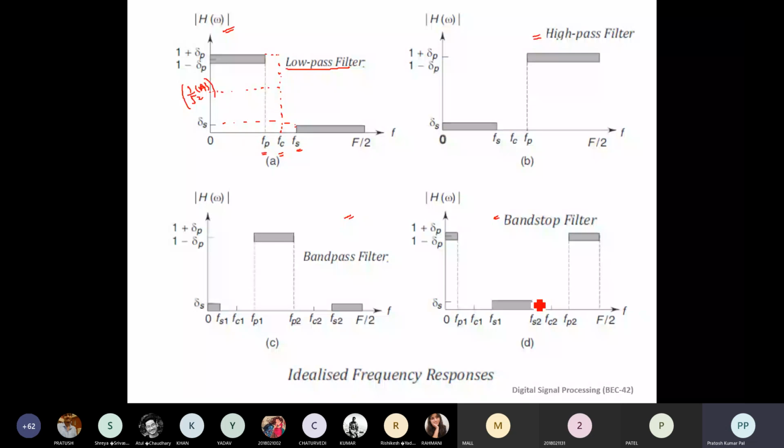Between low to high or high to low, there is no direct sudden change. There is a change, but it takes some frequency range in between to change from high to low. The middle of this change is considered the cutoff frequency.